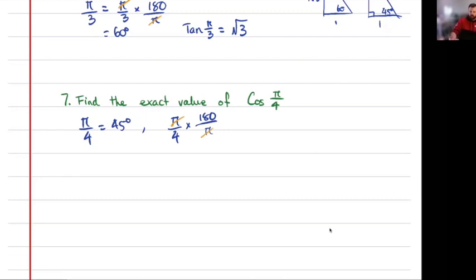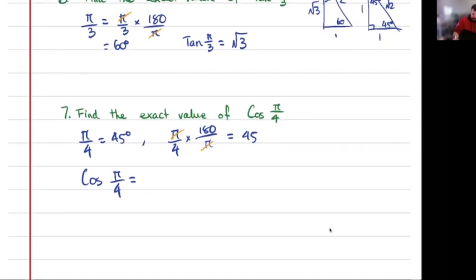On your calculator, you can put 180 over 4, which is just going to simplify to 45 anyway. So cos of pi over 4 is cos of 45 degrees. Cosine's adjacent over hypotenuse, so it's 1 over root 2, which equals root 2 over 2, because we don't like irrational numbers in our denominators. All right. Hopefully you guys are okay with that.